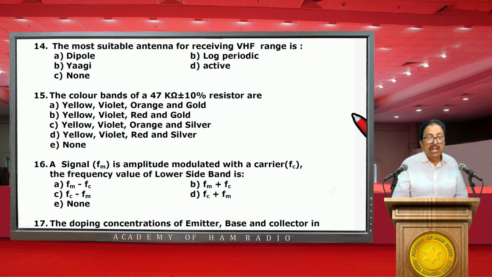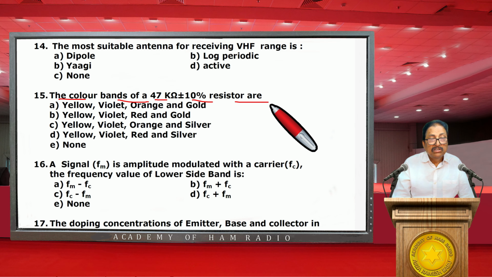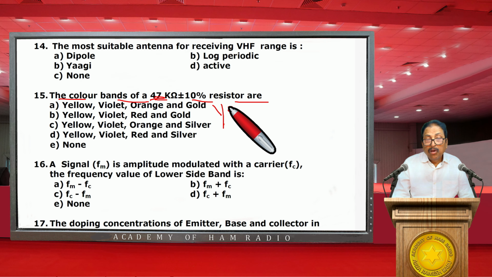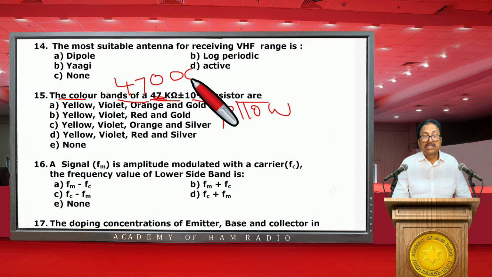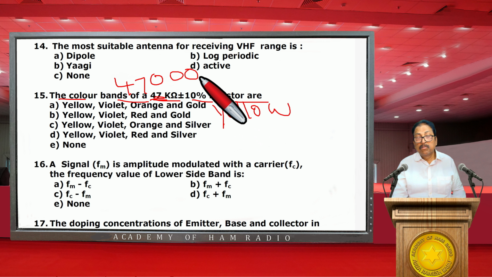The color bands of a 47 kilo ohms plus or minus 10% resistor are: 4 means yellow. We have to write it like this: 47 kilo ohms means 47, and K means 3 zeros, so this is the ohms.